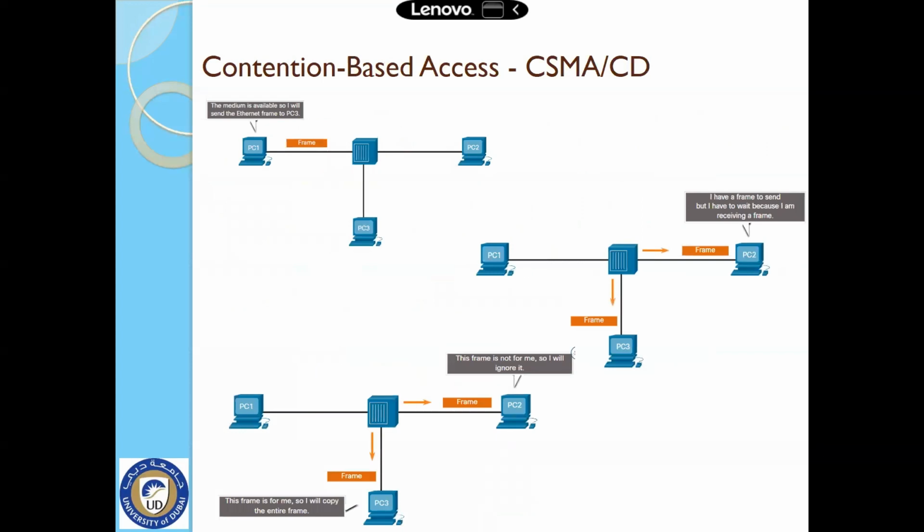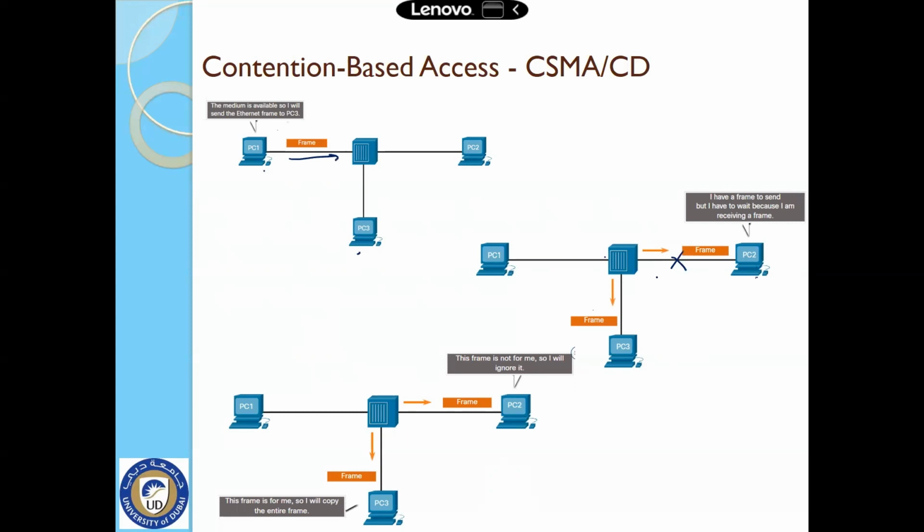Let's see the difference between each one of them. For contention-based access with collision detection, this computer sends a message. The medium is available, so I will send a message to PC3. Here is PC3. It sends a message here, going to the switch. Now the switch will check the message. Let's assume that PC2 wants to send a message, but then what? The media is already occupied, so it will wait. So there is a detection.